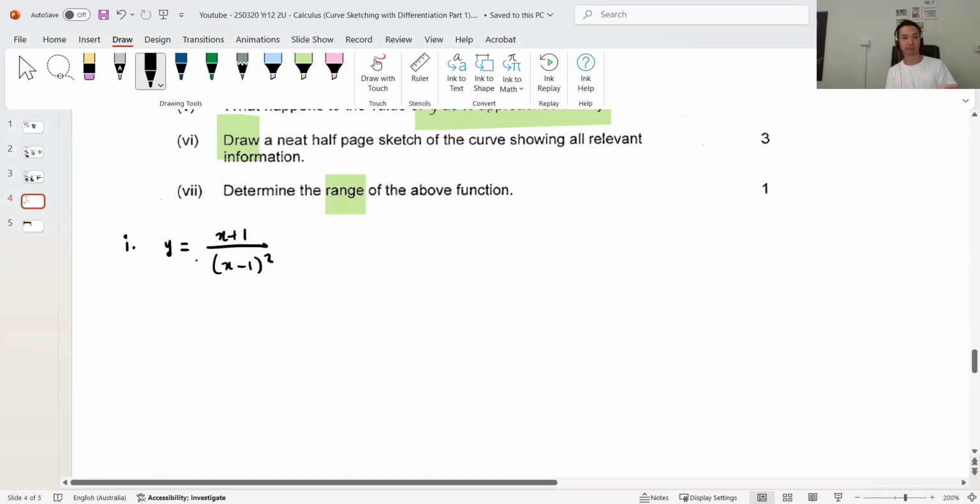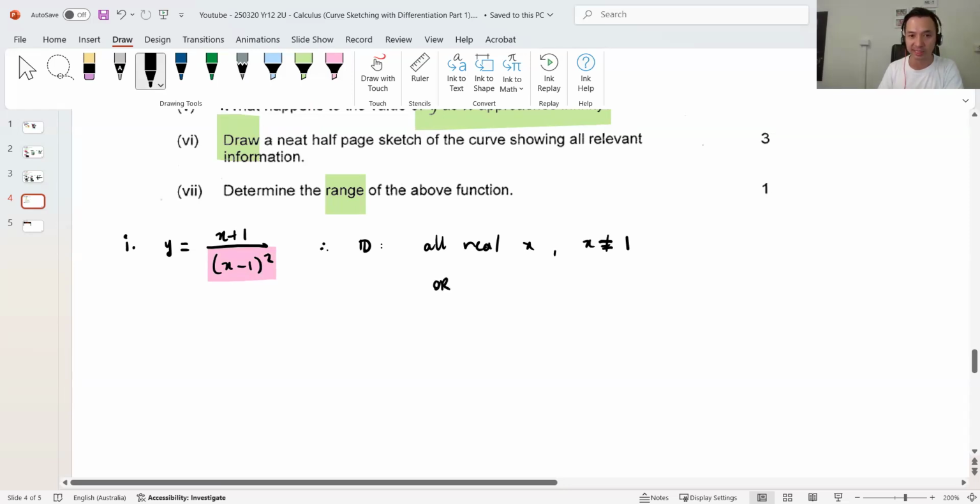Now, domain, right? That looks like all real x, but x can't equal 1, right? Because when x equals 1, the bottom is 0, right? Can't divide by 0. So therefore, domain, all real x, x can't equal 1, right?